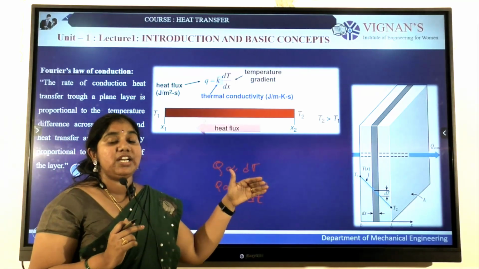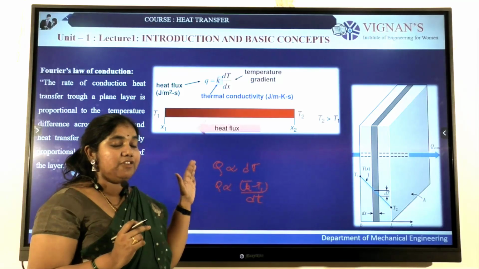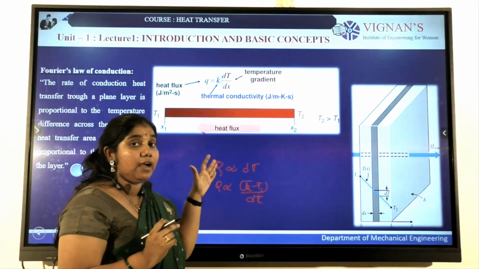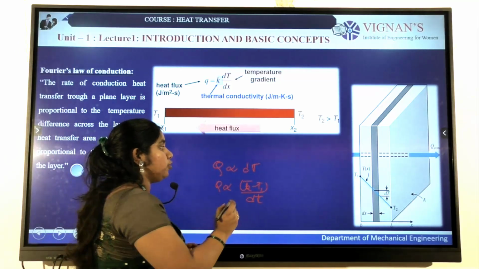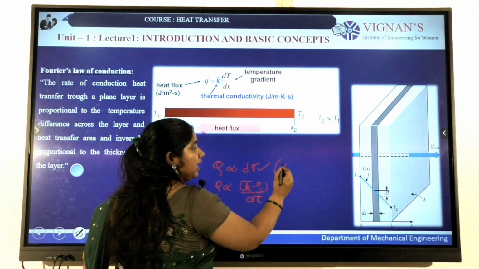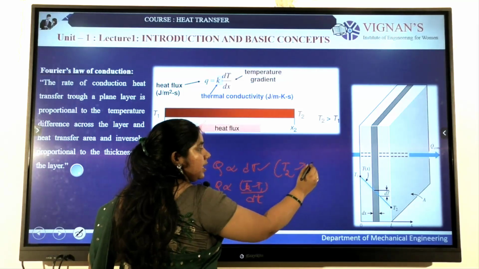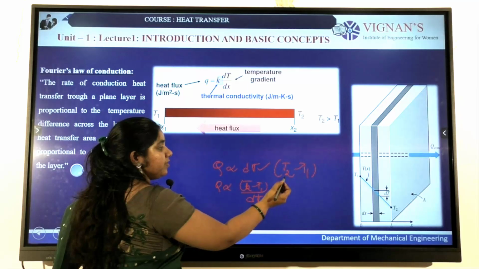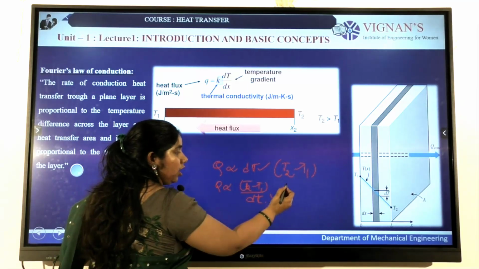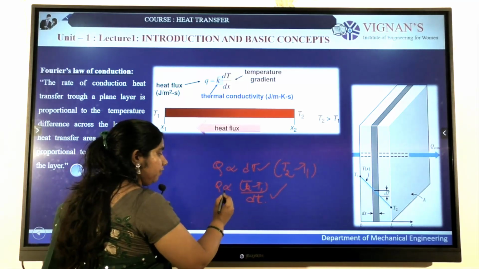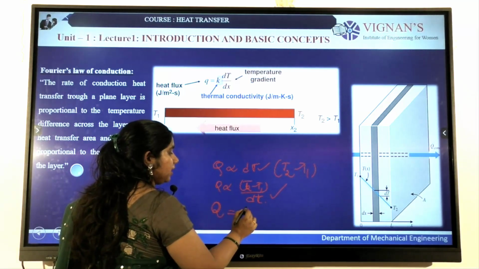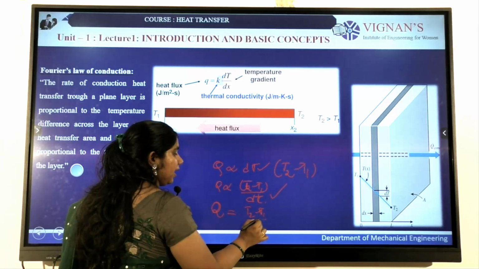One region has a higher temperature and the other region has a lower temperature. So the heat is directly proportional to the temperature difference, that is T2 minus T1. If we remove the proportionality sign, this happens with respect to time intervals, so Q will be equal to (T2 minus T1) by t.